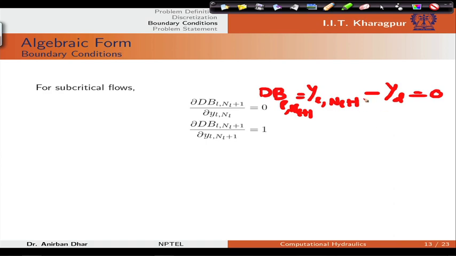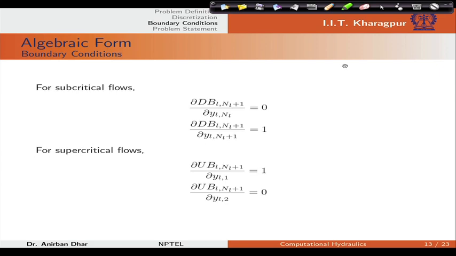Now if I take the derivative with respect to first y L n L, I should get 0 here, and in this case I am getting 1 because this is only y L n L plus 1.